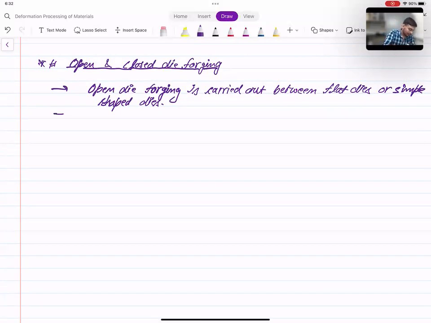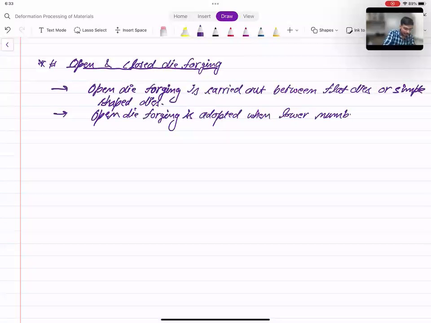So open die forging is adopted when a lower number of components are to be produced.